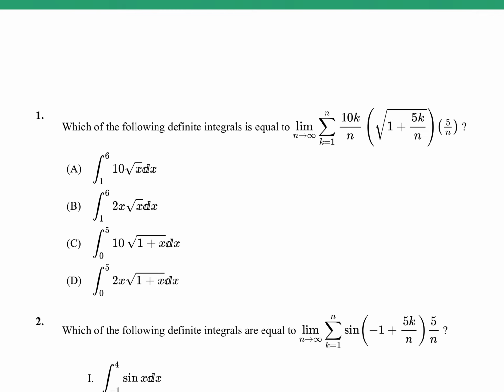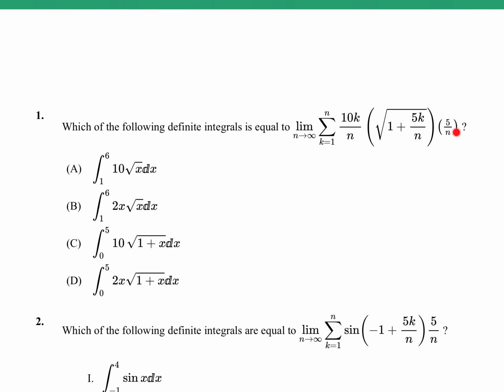But there are a few things to keep in mind that will be typical. Anytime you see a k, you're going to have an x. That's actually always the case. So the fact that we see two k's in here means that there's going to be two x's in our expression. So you can eliminate a and c right away because those each just have one x. But notice b and d each have two x's.